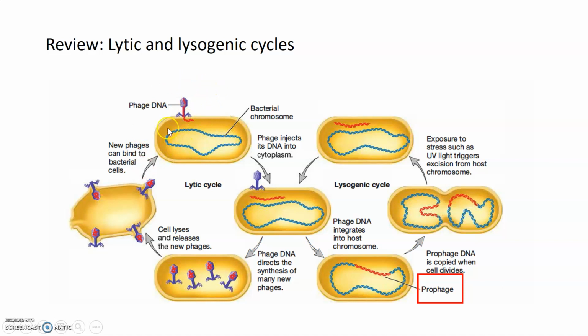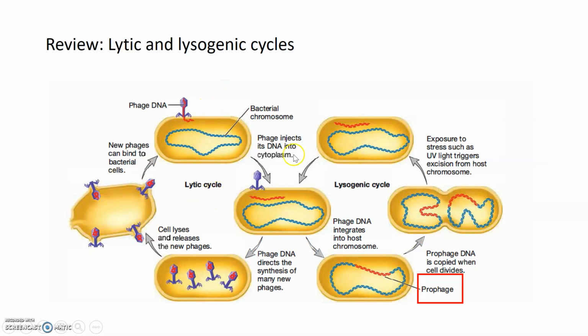And so bacteriophage that enter into the lytic cycle will insert their DNA into a bacterial cell, and then directly following the insertion of that DNA will replicate the DNA as well as make all of the proteins necessary to construct new virus particles or virions, which can then be released from the cell and cause it to lyse or die. And then those bacteriophages can go on and infect other host cells. And that's the lytic cycle, right? So it's an immediate response that results in lysis and release of virus particles.